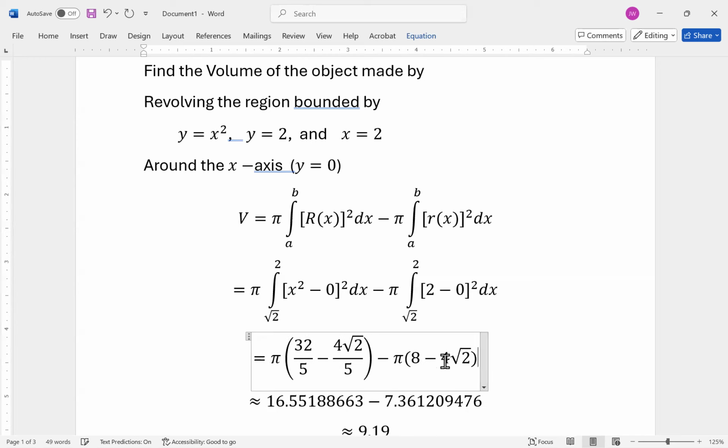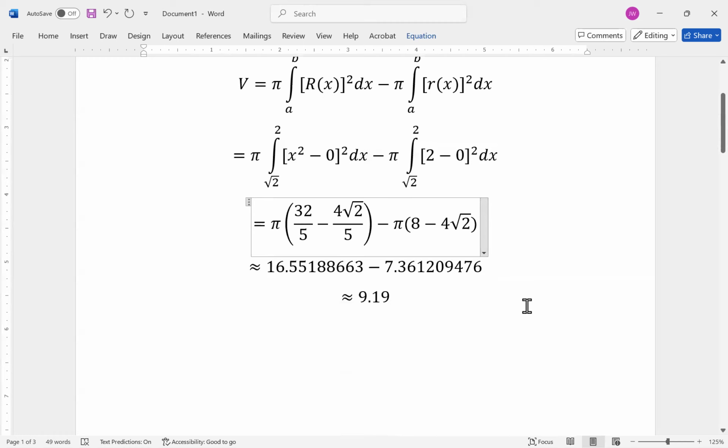And that's where the 7.36 comes into play. So in any case, in my class, I'd ask you for the rounded version. And so just plugging these into your calculator is just fine.